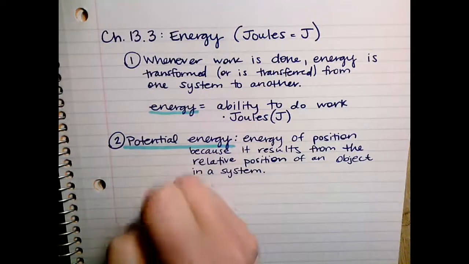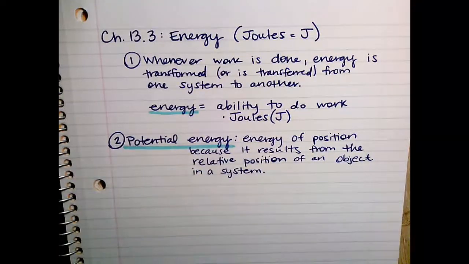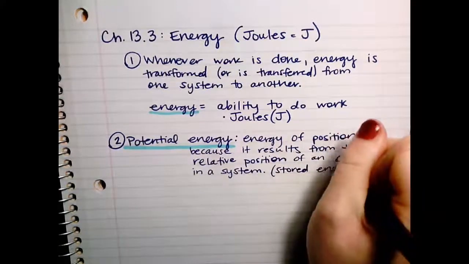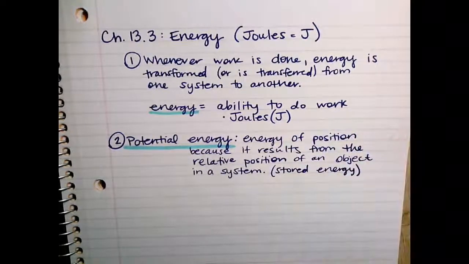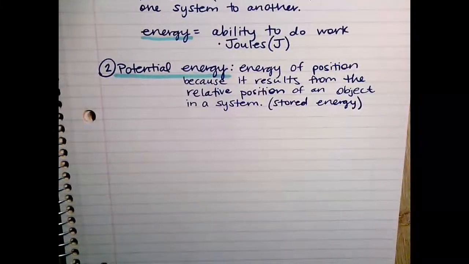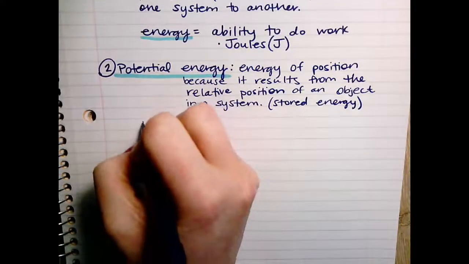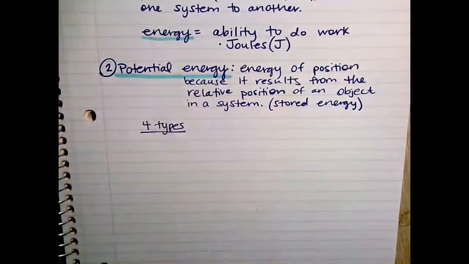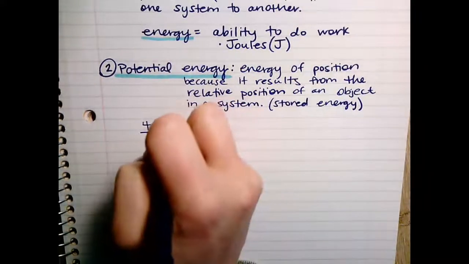Okay. So potential energy we also kind of think of as stored energy. Okay, you have the potential to do something. So in science we typically remember the 4 types of potential.